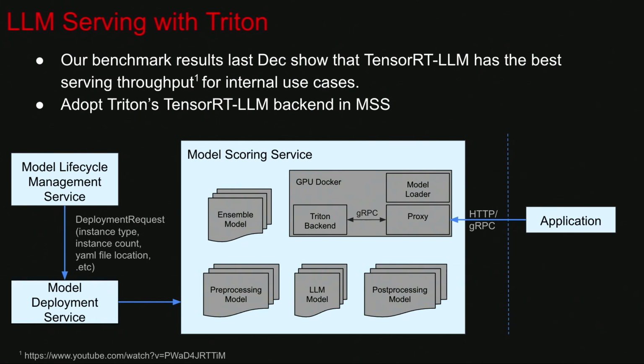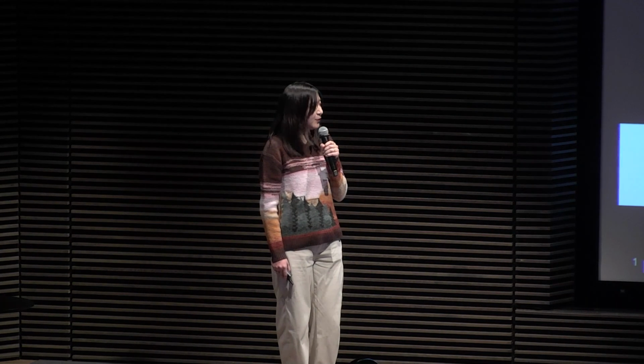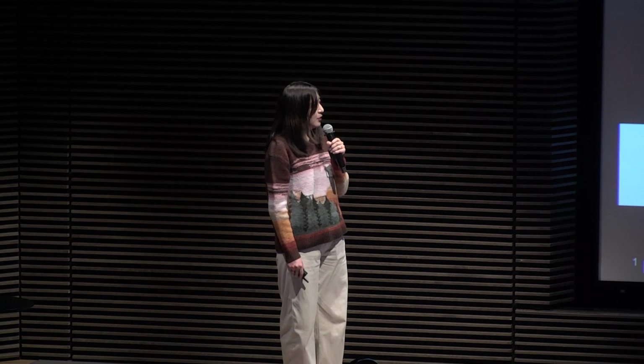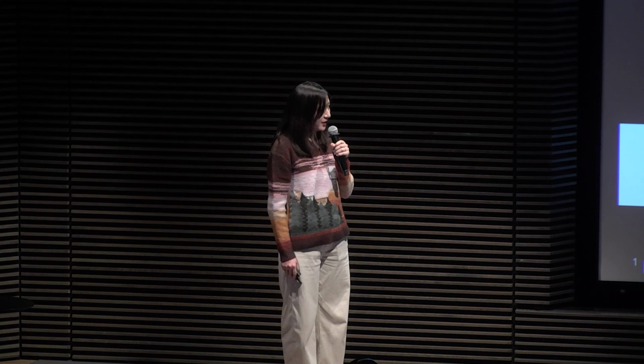Then the post-processing model will refine the output to meet specific requirements and improve the quality. This could involve tasks like filtering out irrelevant information, rephrasing sentences for clarity, and adding formatting. Then the ensemble model is going to connect the three models together.